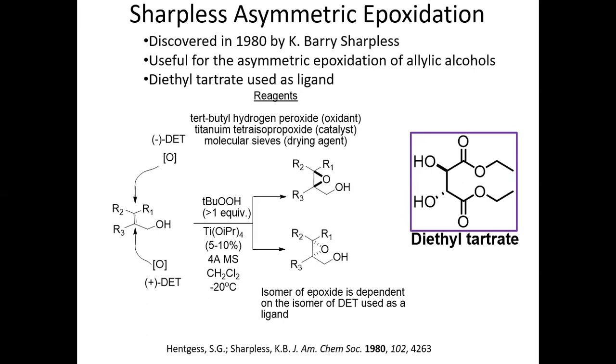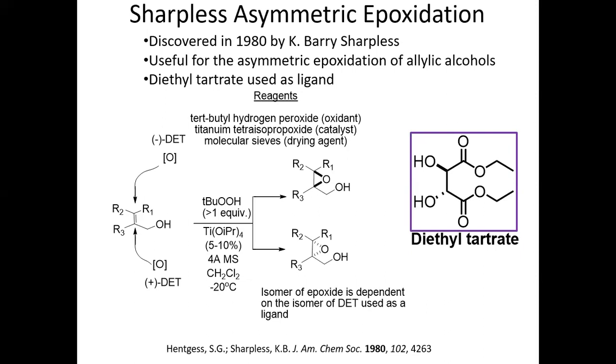So minus diethyl tartrate, plus diethyl tartrate, and you can get either one of those isomers in high yields, and almost 99%, I think it's like 99% EE. So with minus diethyl tartrate, you get that top epoxide in 99% EE, right? So basically the ratio is 100 to 1, right?